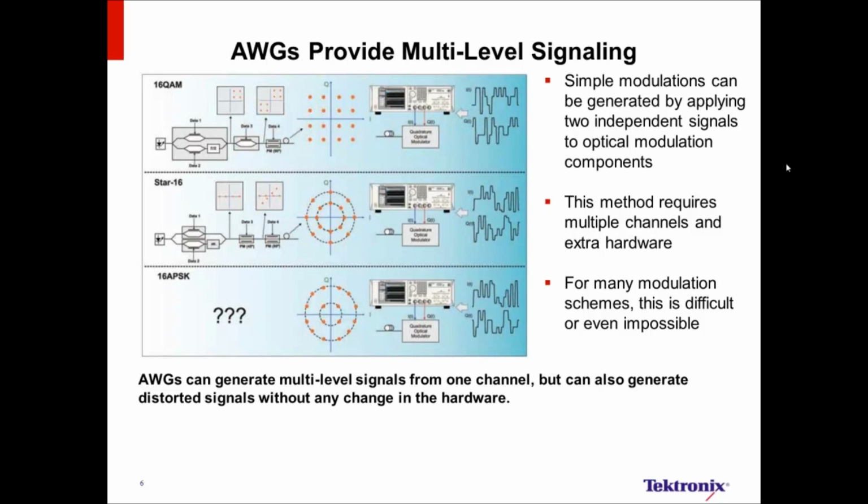And then also you can add things to these signals that would represent the channel that you're going through to get to the fiber. And so the AWG gives you a complete system for testing the receivers and also providing clean and dirty signals so that you can test your complete system.